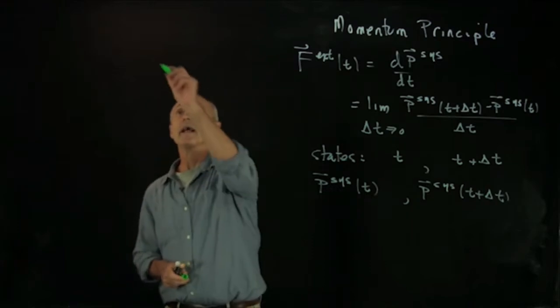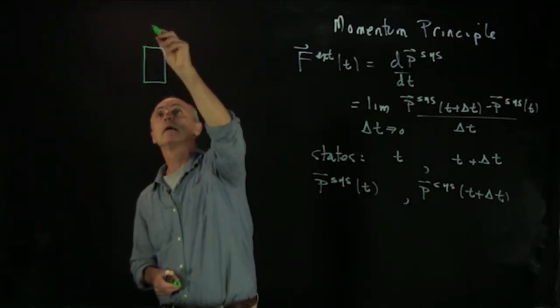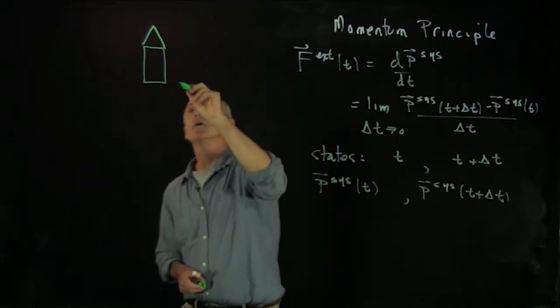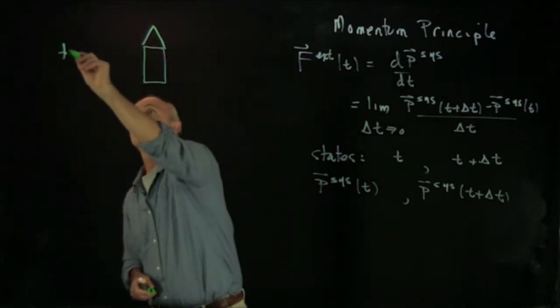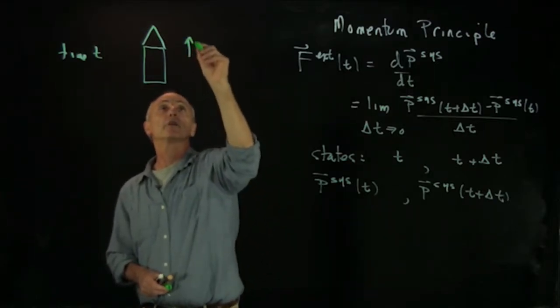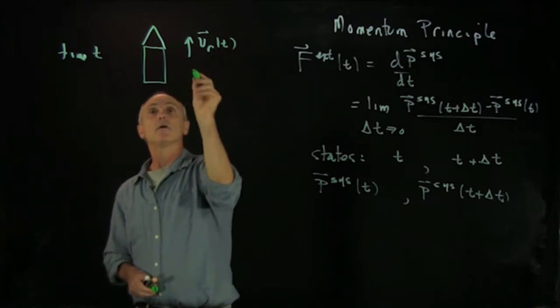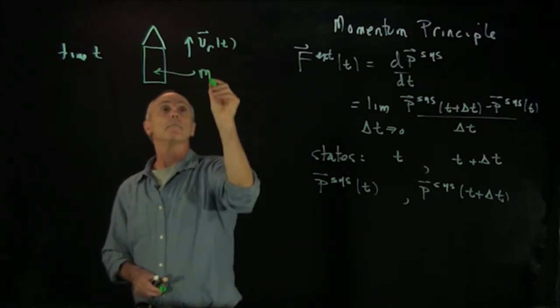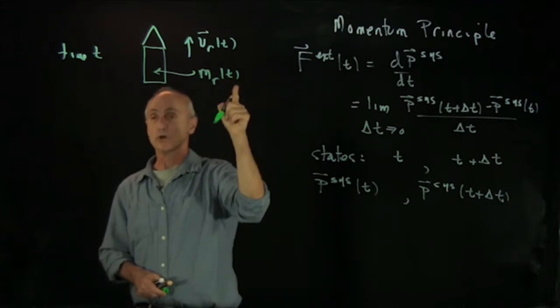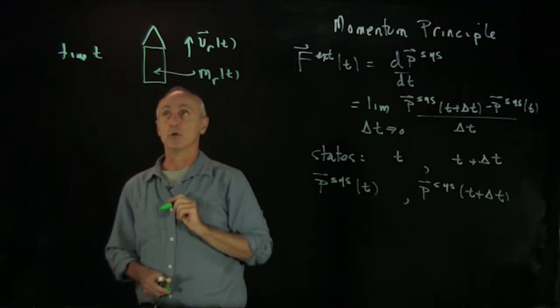So let's begin by analyzing the system at time t. So recall that at that time, we had our rocket, and this is our time t. And the rocket had a velocity, v of r of t. And what we identified, the mass, m r of t, recall this was the dry mass of the rocket and the mass of the fuel.